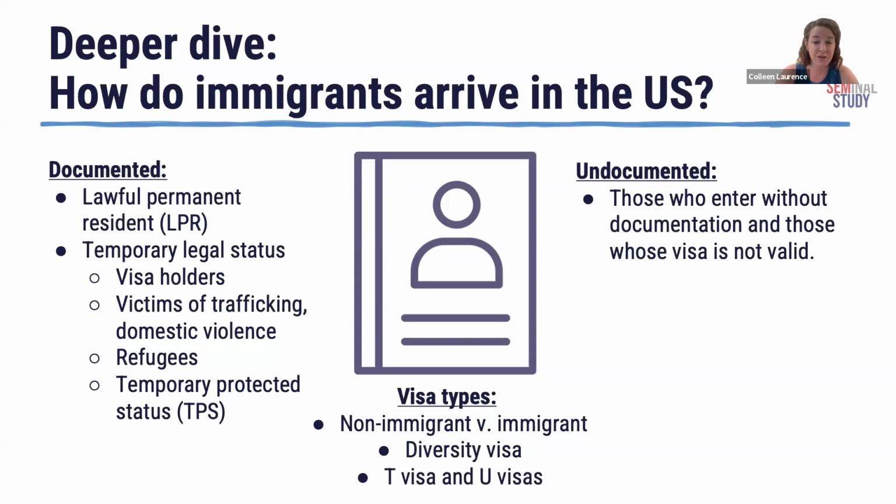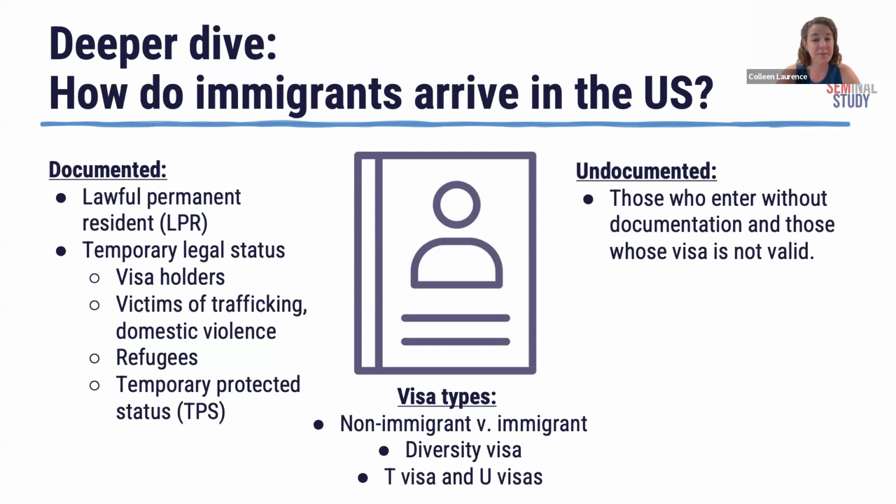Visa holders can further be delineated into immigrant and non-immigrant visas, diversity visas, and T and U visas, which are specific for victims of trafficking and domestic violence. The term undocumented includes those people who enter the U.S. without approved documentation, as well as those whose approved documentation is no longer valid.